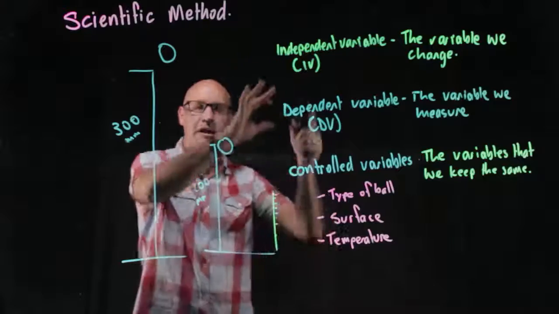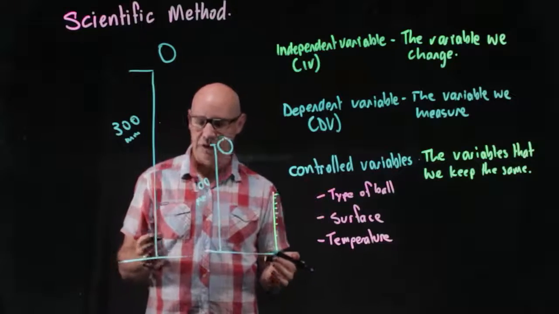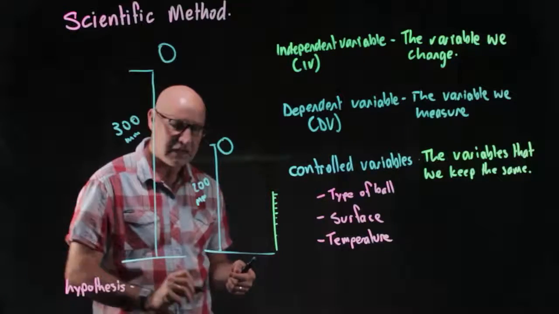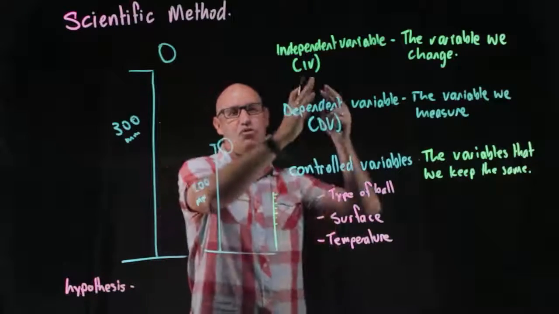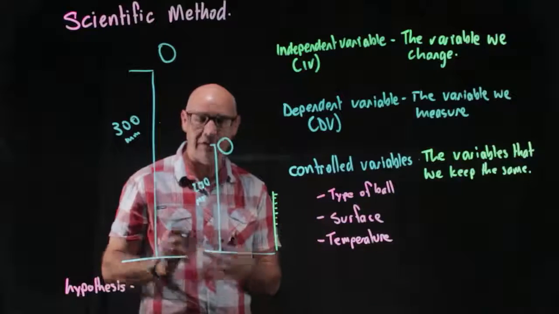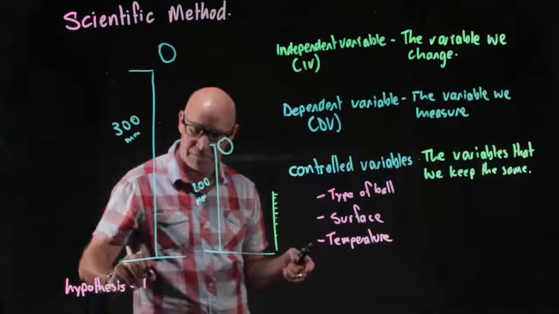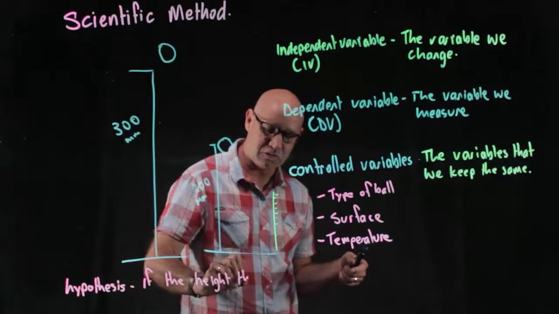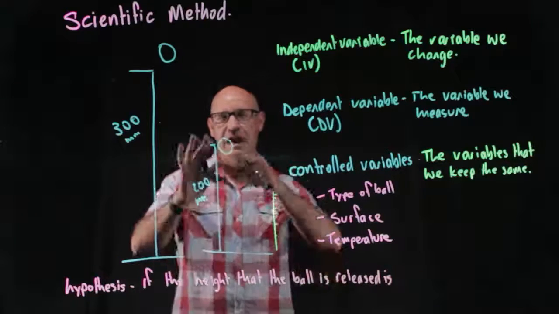So, once we've got our independent variables, we can then write our hypothesis. And the way we write our hypothesis is that we talk about when we change the independent variable, what happens to the dependent variable. So it's an if-then statement. So if the height that the ball is released is, now we need to specifically say how we're changing it.